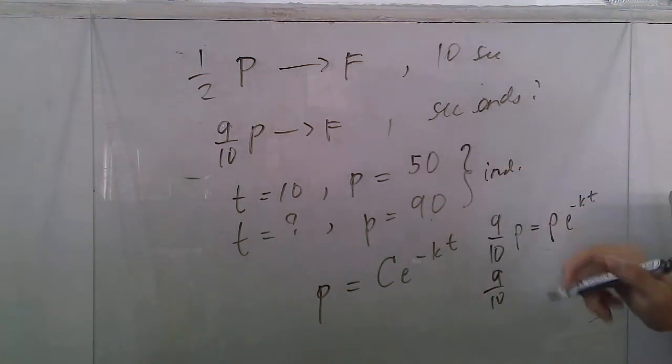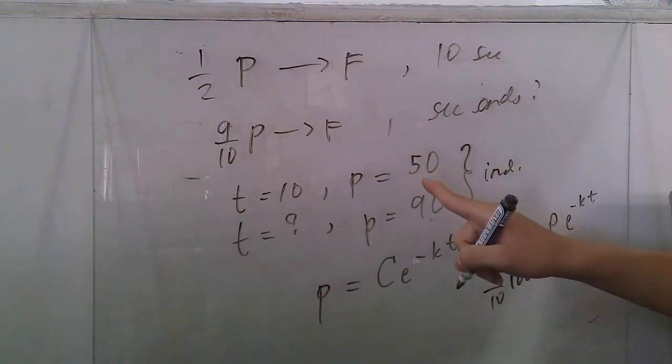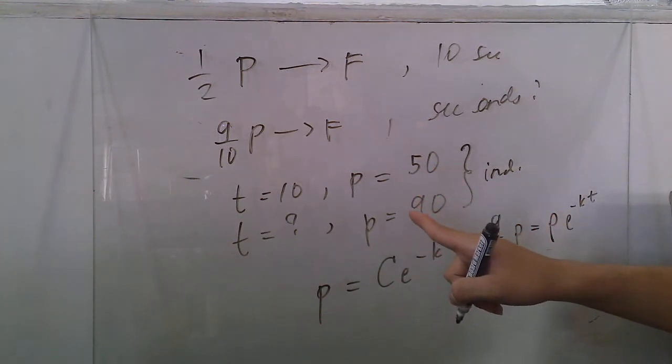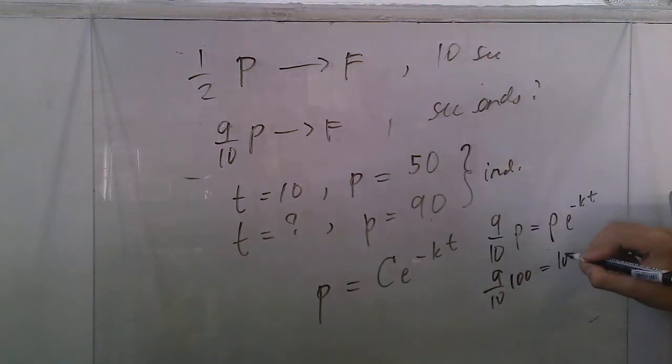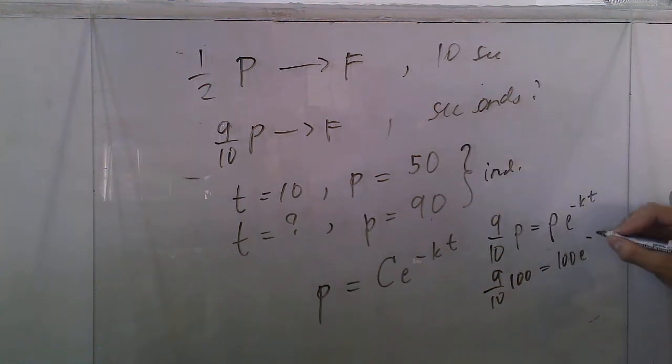So our initial condition is 100, so it's 90, and our initial population is 100, times e to the negative kt. We're trying to find k, and this is at t equals 10 seconds.